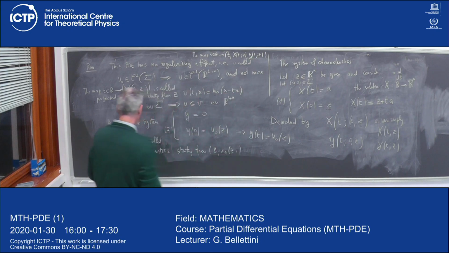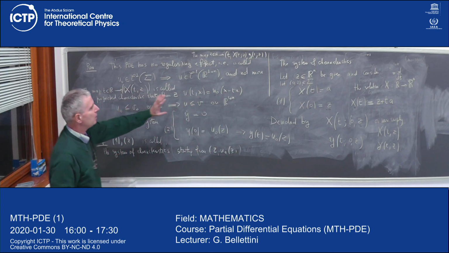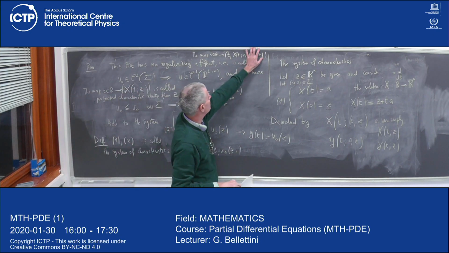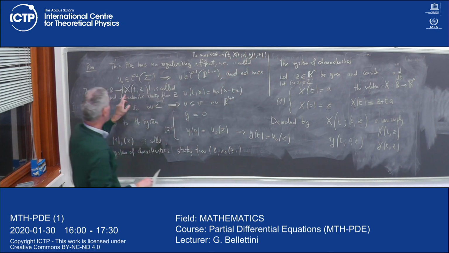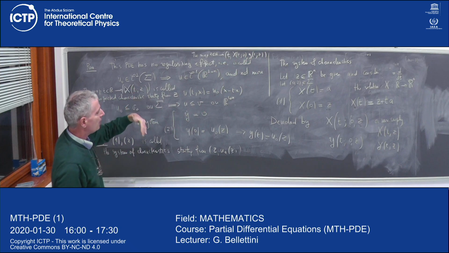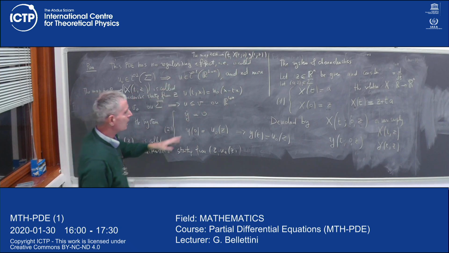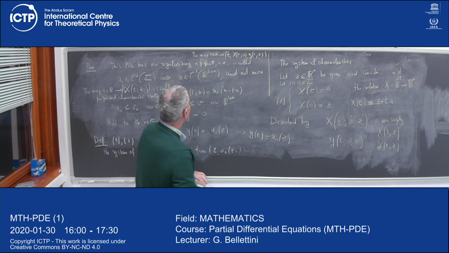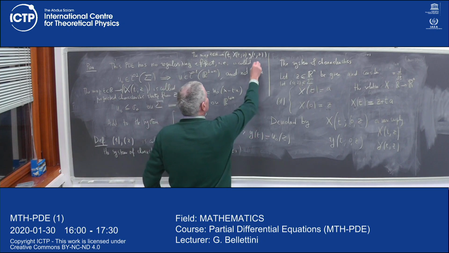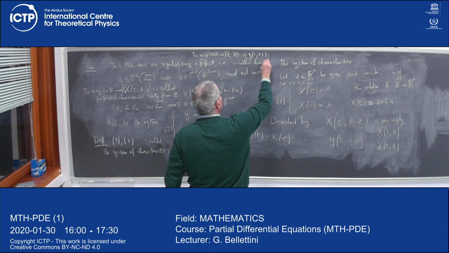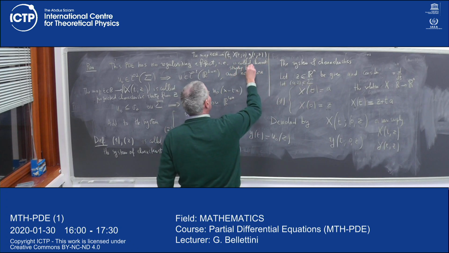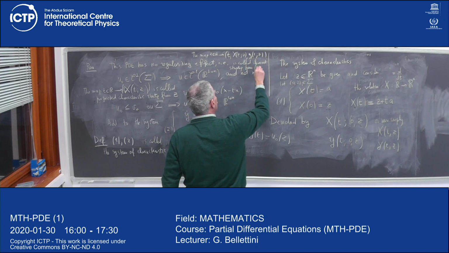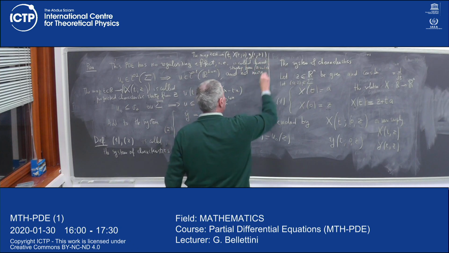Not projected: this is projected because I forget about this last component. I just have t and capital X here. But if I consider also the last component, which is in this case very trivial, it is called the characteristic starting from z, u0 of z.